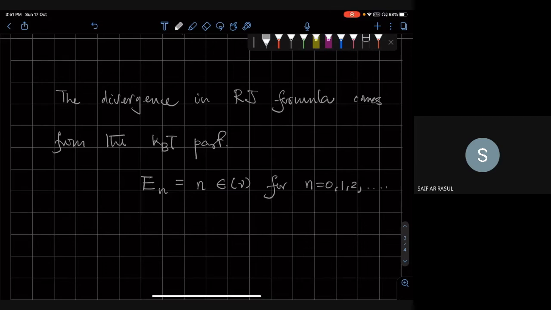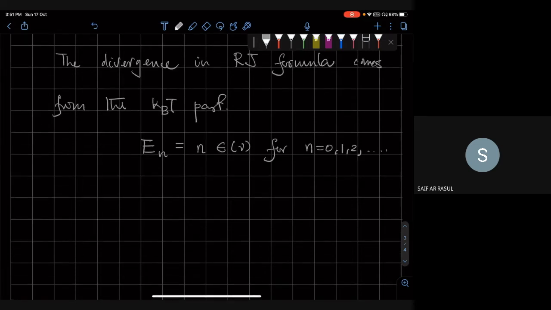So this was the idea that led to the Planck distribution. If this was the case, this is very different from the equipartition theorem. It leads to a very different result, and let me show you how. So now we can ask again, what is the average energy of a mode?